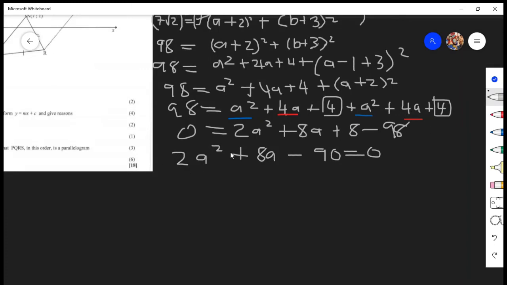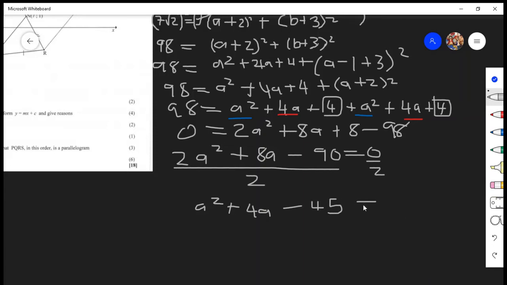So you can divide this out by 2, divide this out by 2, and you'd be left with a squared plus 4a minus 45, which is then equal to 0. So from here we need to get our value of a.